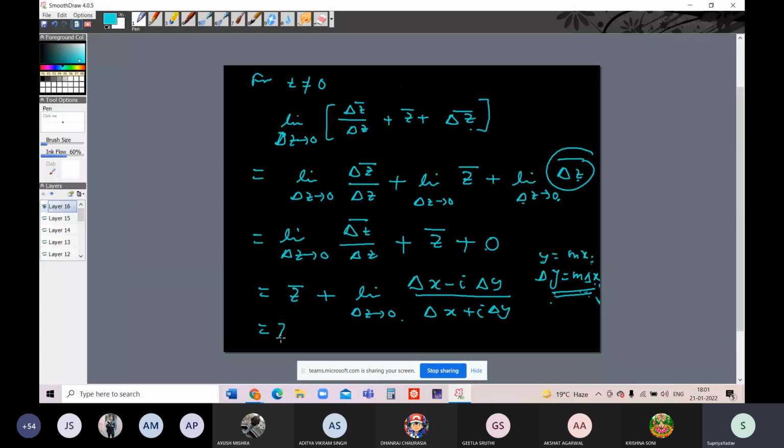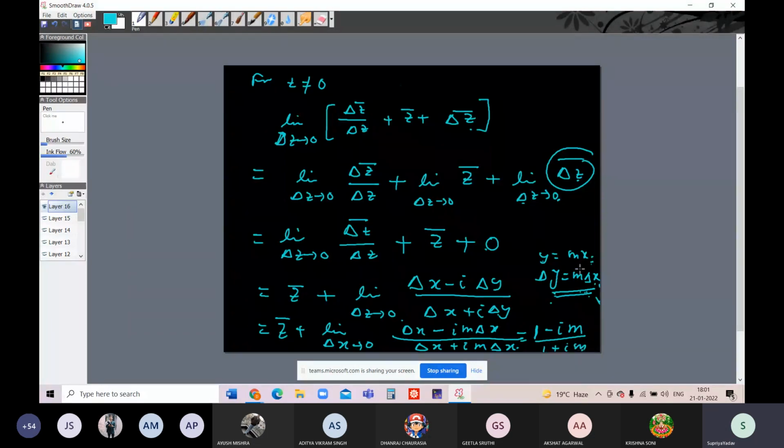So we can replace this limit by delta x approaching 0, and in place of delta y we can write m into delta x, plus i m into delta x. Taking delta x common from numerator and denominator and cancelling them, we will get the limit (1 minus iota m) upon (1 plus iota m).